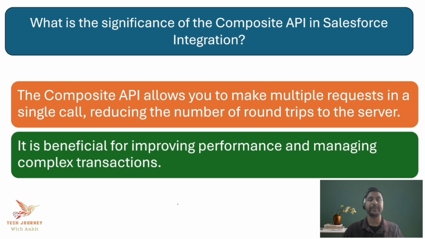The reason we are doing this is because we want to make sure that we are not hitting the governor limits, and we are also reducing the number of round trips that we are making to the server. It is very beneficial whenever we have to improve the performance and manage complex transactions as well. Okay, so the Composite API is a recommended practice from Salesforce whenever we are integrating internal or external systems with Salesforce.